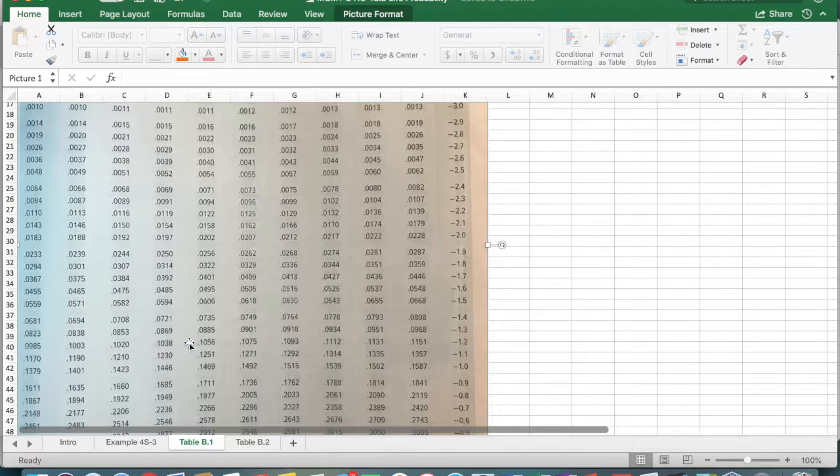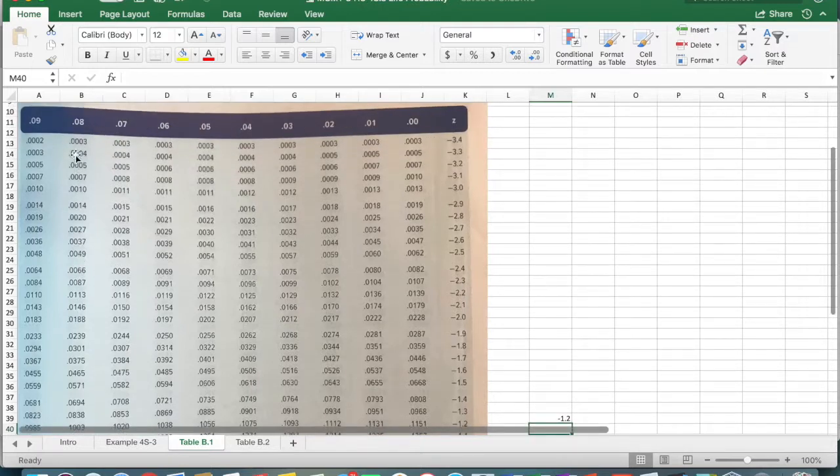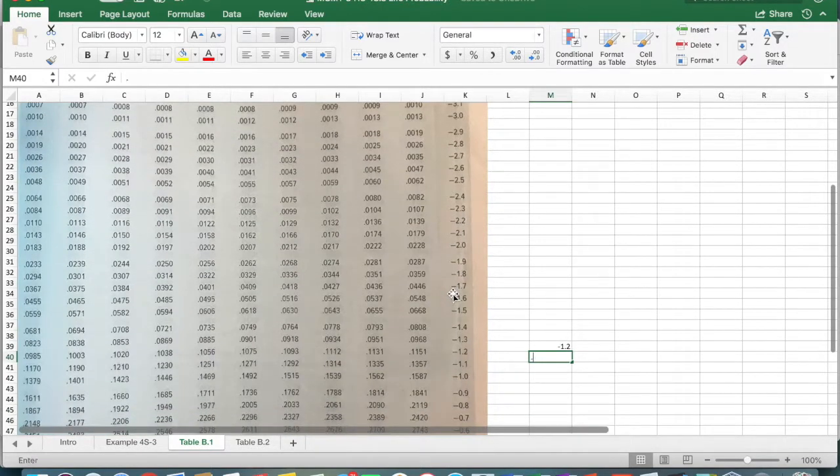So we look at that row, which is negative 1.2. But then you also have to look at the column. Its row is negative 1.2, and its column is this column here, which is 0.08. And I add those together.